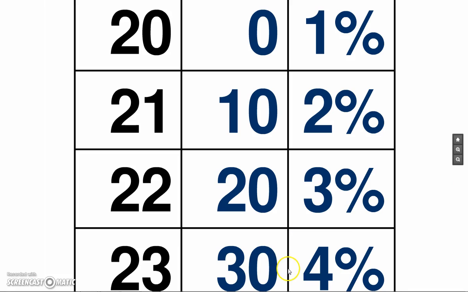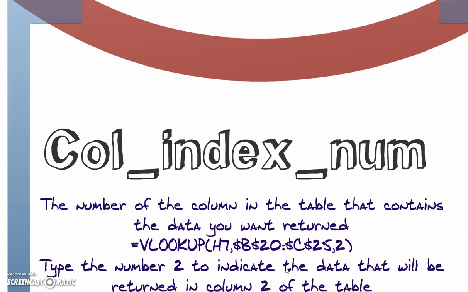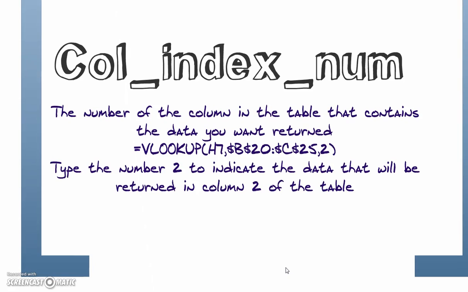All right, so let's look at the next step in this process. The last step, or the last clause, is going to be your column index number, and this is never going to change. It says at the beginning, look in cell H7. Okay, and let's go back to the percentage option, or the letter grade option. So H7, let's say, says 87.